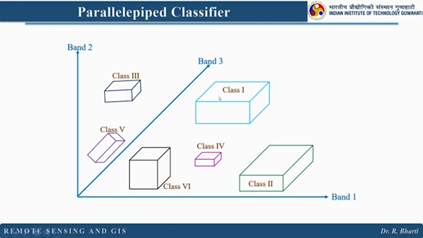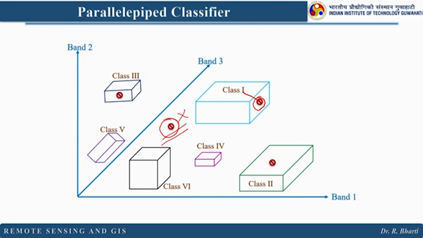After that, what will happen? You will have to find out whether the pixels are falling within or matching these particular boundaries or not. If so, then it will be assigned to this class, but what if they are lying outside? Then in this method these pixels will not be classified.